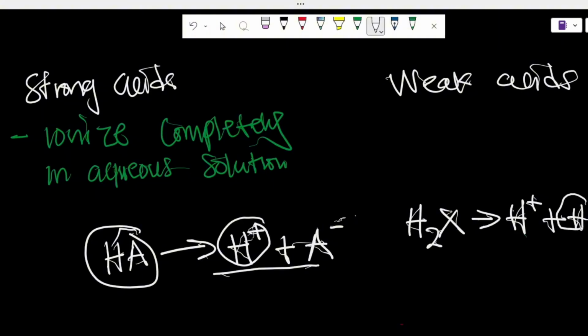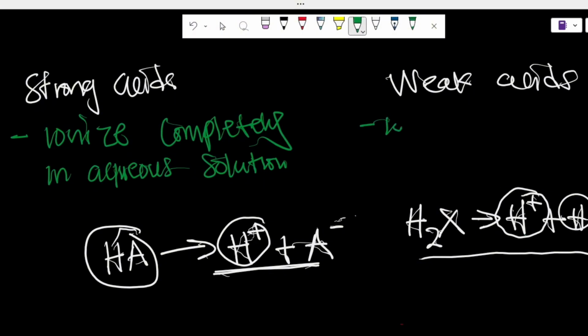Because you have remained with some hydrogen with the main substance that you have, then this means that this is partial ionization because some hydrogen have remained here. So when an acid completely ionizes in aqueous solution, then that is a strong acid. Whereas if it partially ionizes in the aqueous solution, then that is a weak acid.